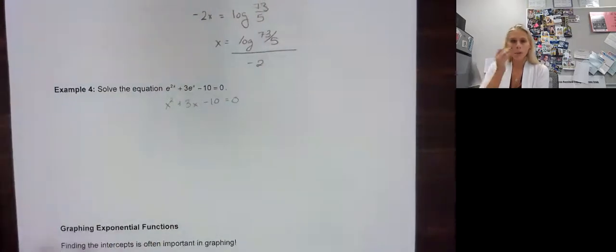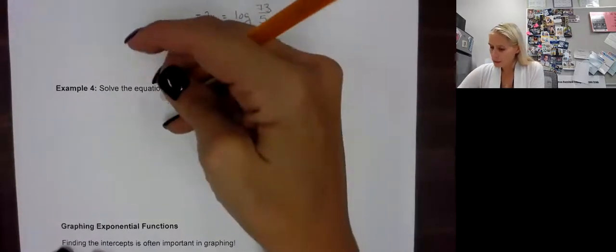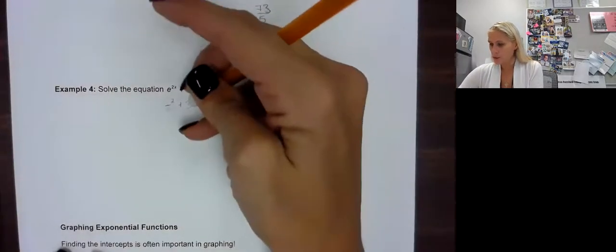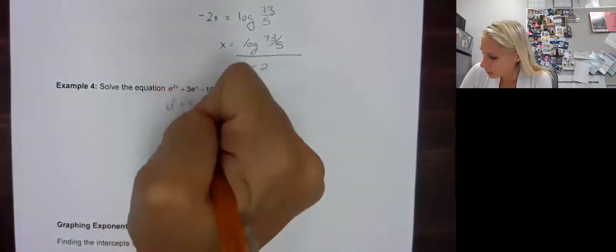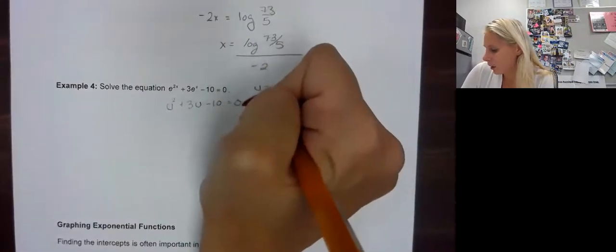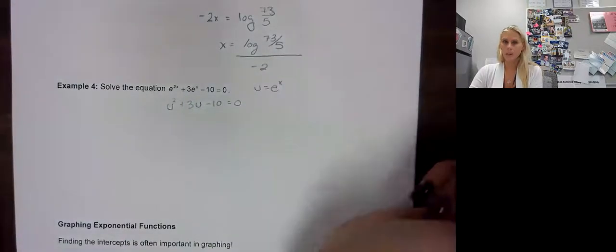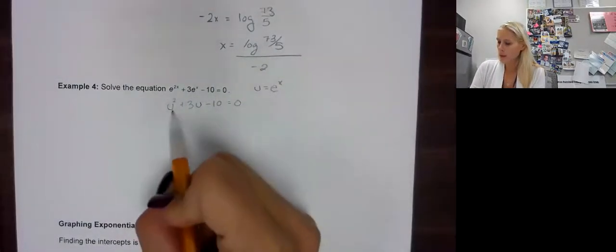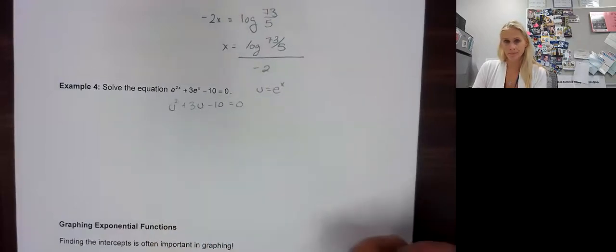And I want you to think of it like that. But instead of x's, usually when people do this, they use u. They use what's called u substitution. In other words, we're setting u equal to e to the x. So that's why we would get u squared plus 3u minus 10.